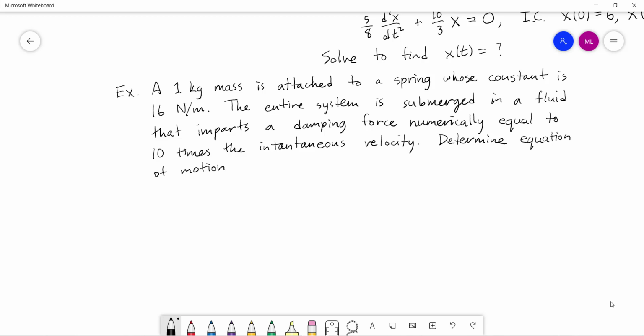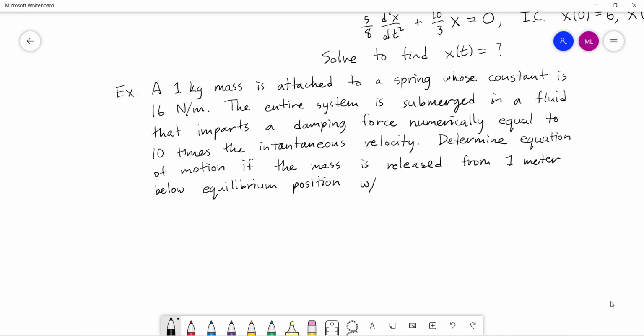But determine the equation of motion if the mass is released from a position 1 meter below the equilibrium position with an upward velocity of 8 meters per second.